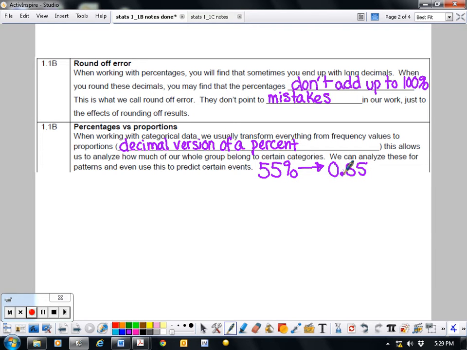In stats, we're going to try and stick with the proportion. This is what we want to have, because mathematically, if we need to calculate anything, we can only calculate in proportion form. We can't actually calculate in percentage form. But percentage form makes sense to the general population, so they like to hear things as percentages. But mathematically, if we're going to do anything with that, we need to use proportions. So we're going to keep our stuff as proportions.